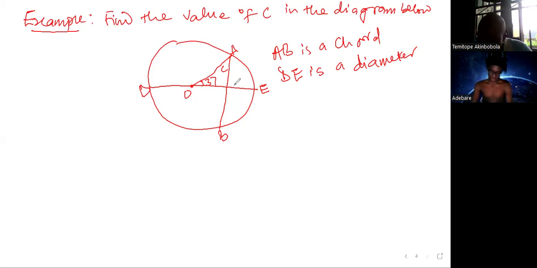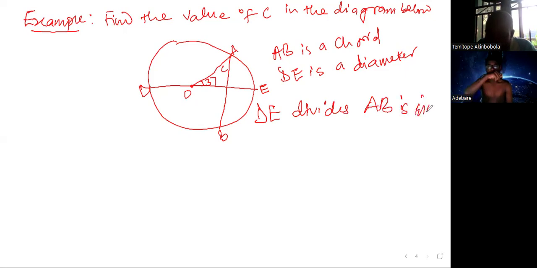Now you can see that it's me that is fleshing out the problem to make life easy so that I can apply the appropriate theorem. So since DE is a diameter, DE divides AB into two equal parts.